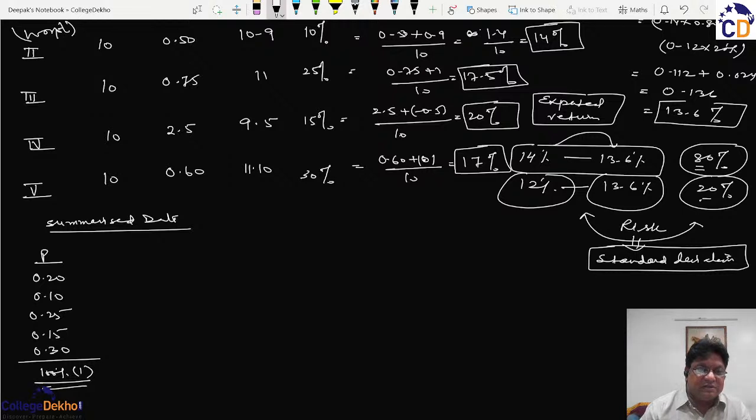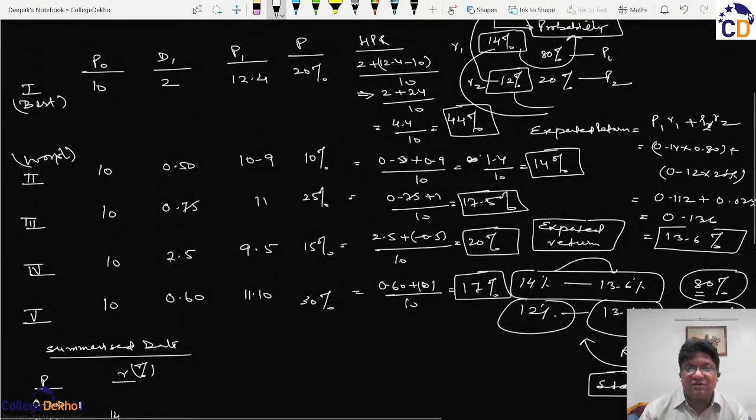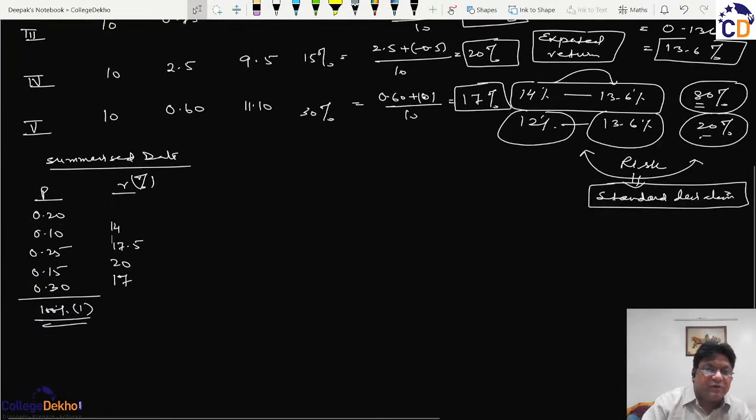Starting with the lowest, at 30% probability the return is 17%. For 15% it will be a 20% return. For 17.5% it is a 25% probability. For 10% it's a 14% return, and in the first case it was a 44% return.